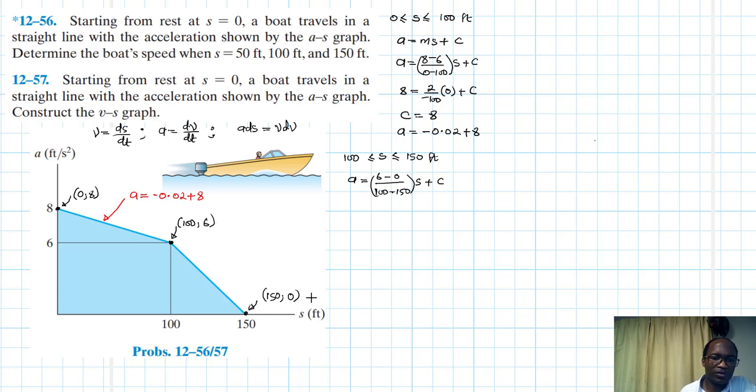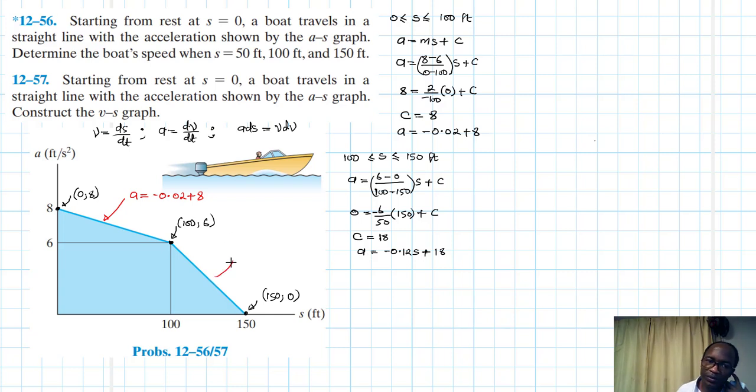I'll use the coordinate 150,0, so I'll have 0 there. This is 6 divided by minus 50, times 150, plus c. Therefore my c here is equal to 18. Therefore our acceleration is a = -0.12s + 18.